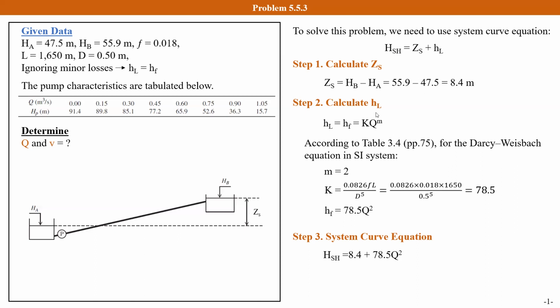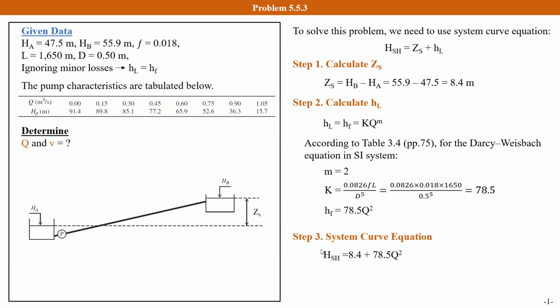Because the equation to represent the head loss and the equation to represent the system head both include the flow rate Q, we can bring the flow rate in the pump characteristics table into these two equations to get the value of the friction loss and the system head.